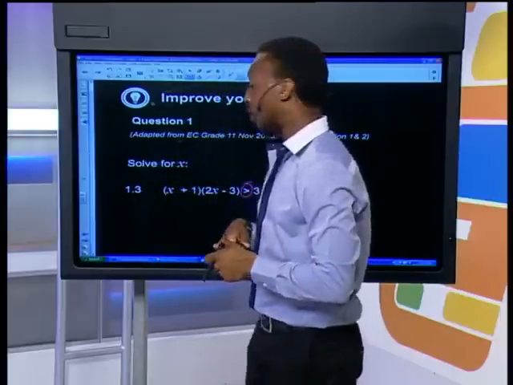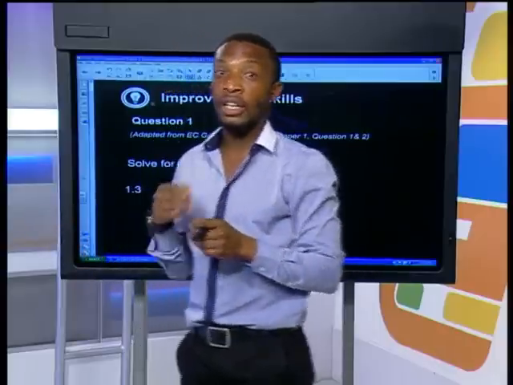I'd like you to give it a bash, and then we might look at it at the end of the session. But just to give you some tips, it's a quadratic inequality, so you need to have 0 on one side of the inequality, and then you need to factorize. That's all I'm saying, so I'd like you to try that on your own. We're moving right along now to question 2.